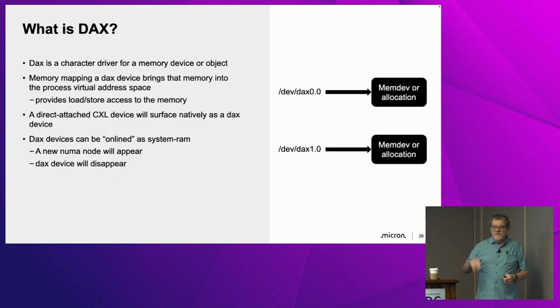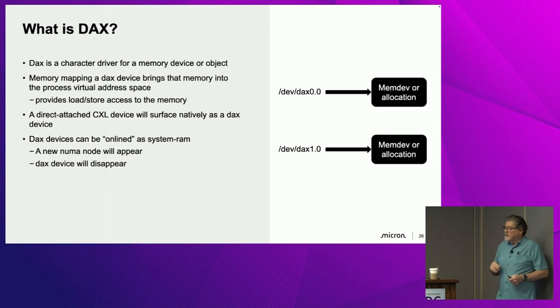You can do this kind of thing from the kernel command line. But when there's a CXL memory device or, a little bit down the road, disaggregated memory where the individual devices are discoverable, those will surface as DAX devices. And when you memory map a DAX device, that's just the memory. It brings the memory that's associated with that DAX device into your process address space.